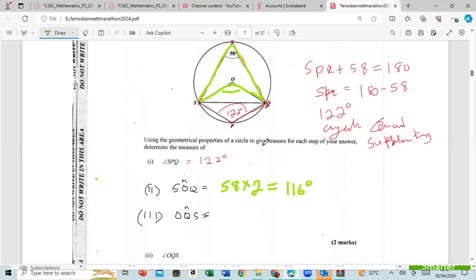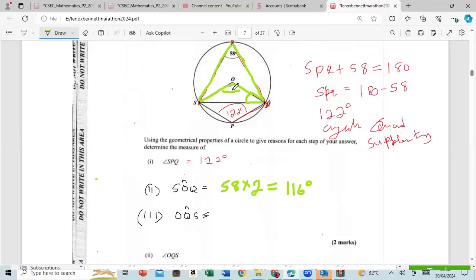Alright, and then now they ask for OQS. Remember, I added in this one because I want you guys to have a lot of fun. But they want this one now, which is OQS. So they don't want all of it. They just want you to go here, that little piece here.